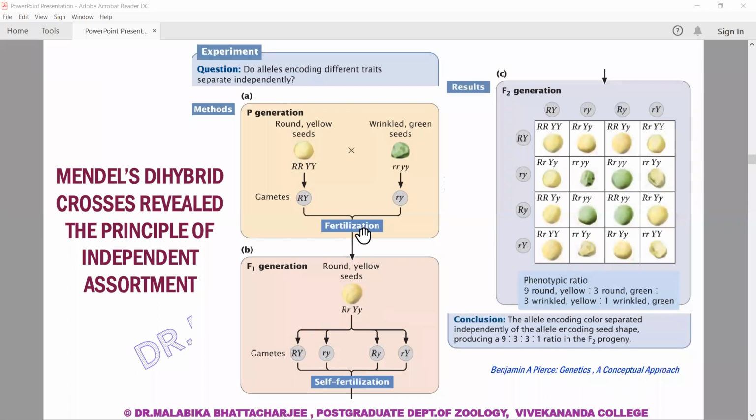So from this deduction, he proposed his next hypothesis, the hypothesis of independent assortment, where he stated that alleles at different loci separate independently. That takes place in anaphase 1. So this was his second experiment.